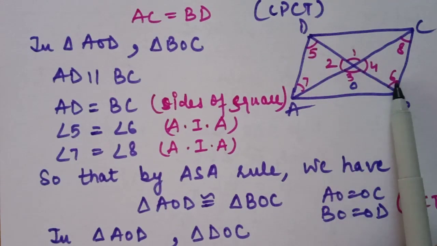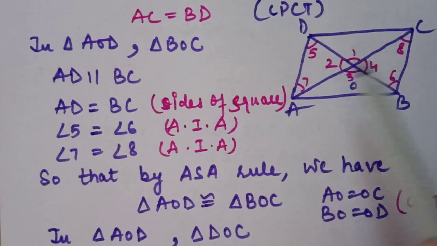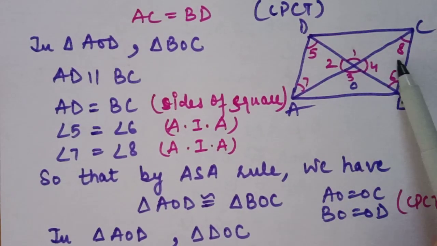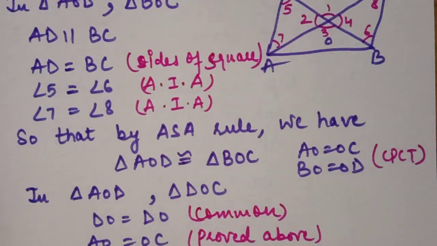Angle 5 and angle 6 are also equal because of alternate interior angles. Angle 7 and angle 8 are also equal because of alternate interior angles, because these two sides are parallel to each other, and AC and BD are transversal lines. So students, by ASA rule both the triangles are congruent.